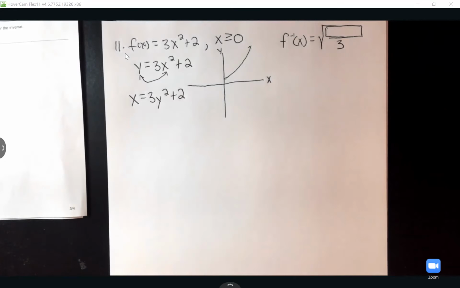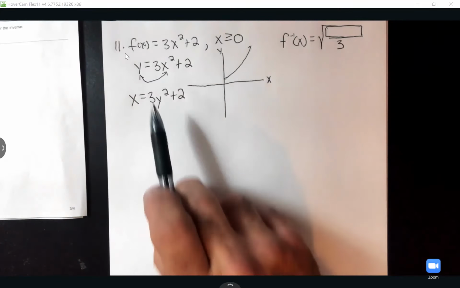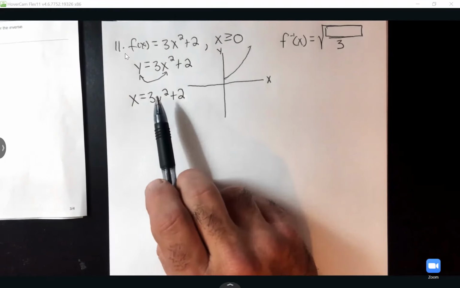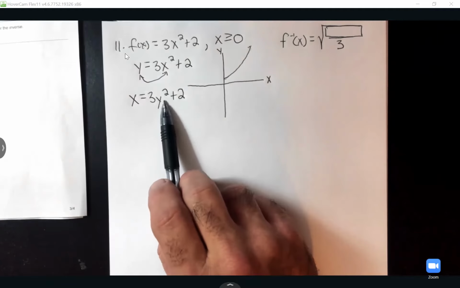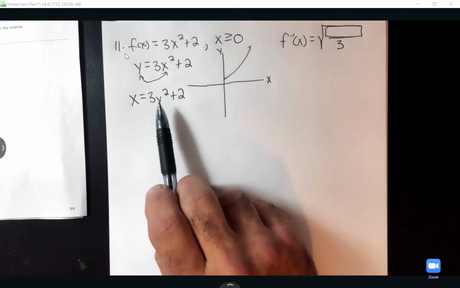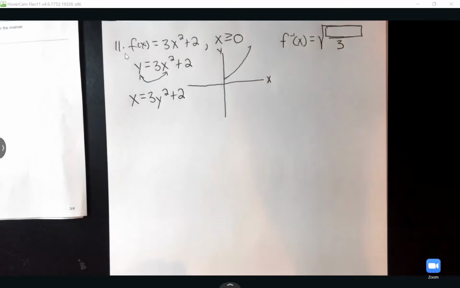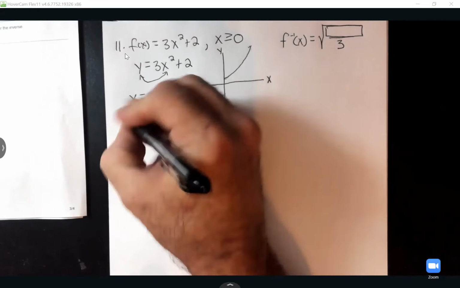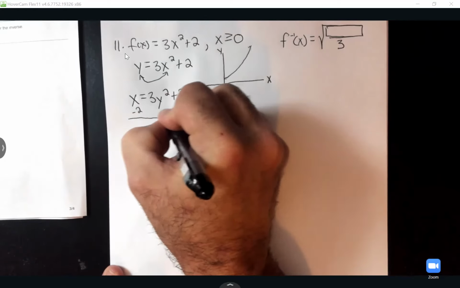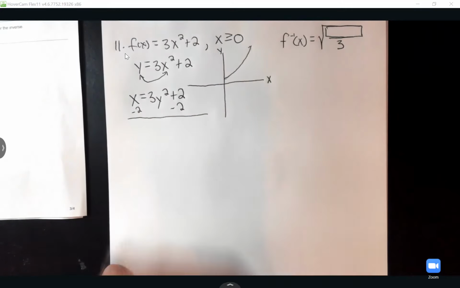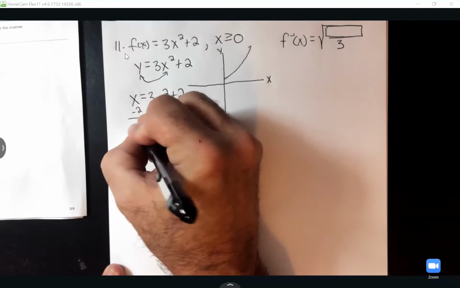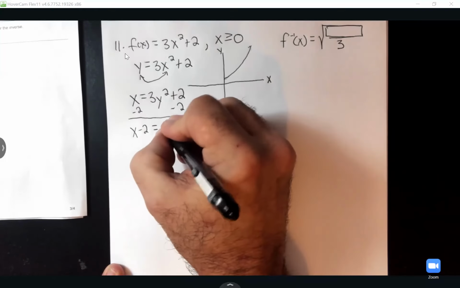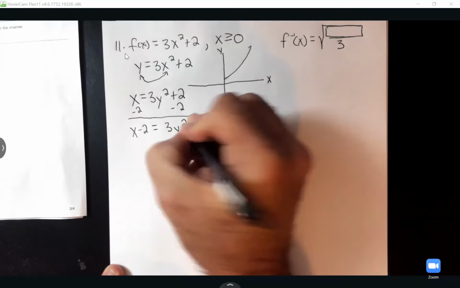So remember, a while ago when I had a y cubed, I had to get the y cubed all by itself. Since this one has a y squared, we need to get the y squared all by itself. So our first step, we're going to subtract 2 from both sides. Doing that, I get x minus 2 equals 3y squared.